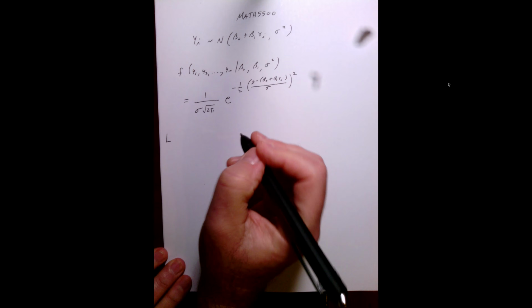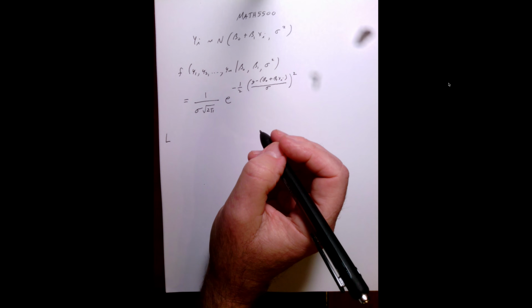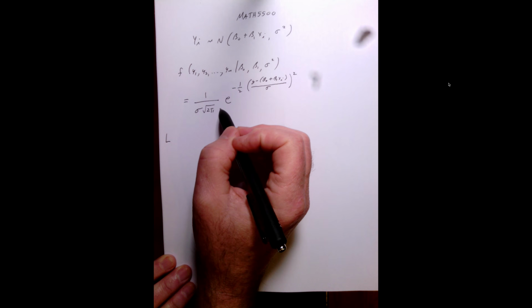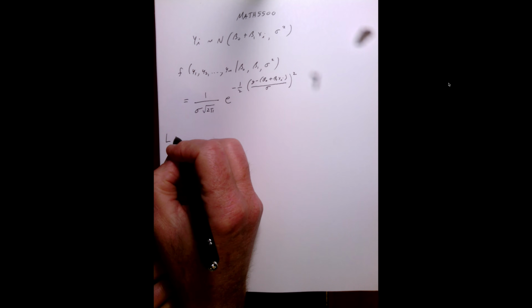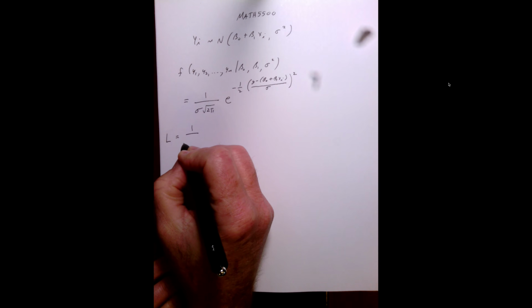So the next step is we're going to create the likelihood, create L, as we've called it in previous videos. Again, we just look at the product of the densities, and don't want to take anything for granted here.